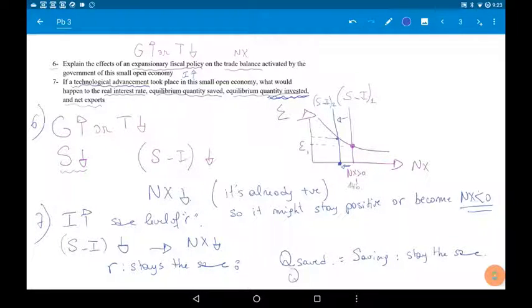Investments, so the quantity invested, will increase. Net exports will decrease.